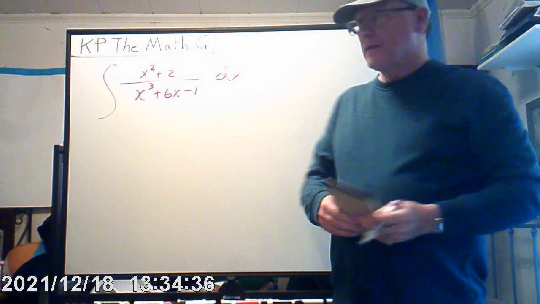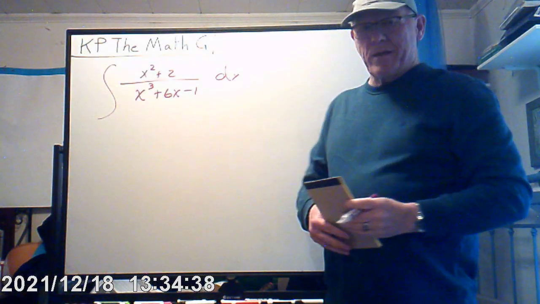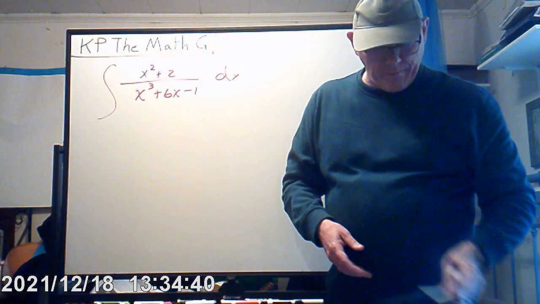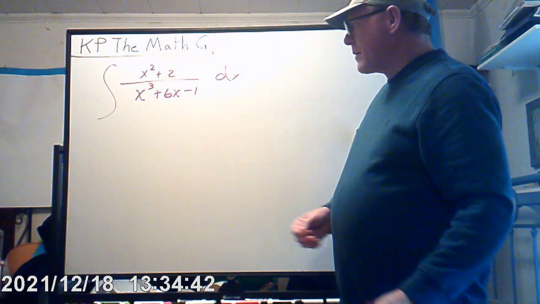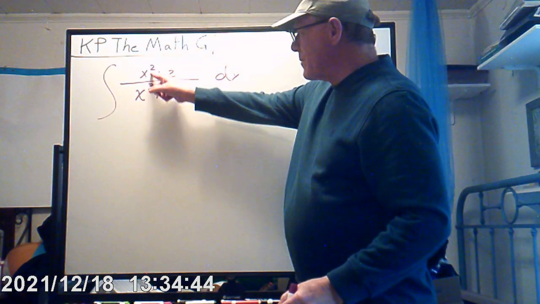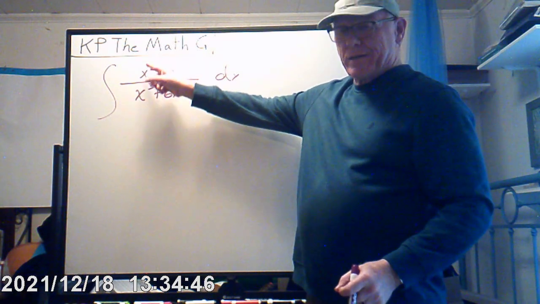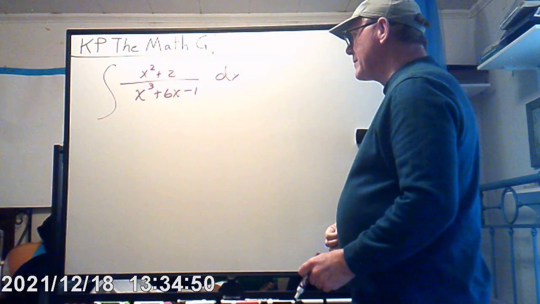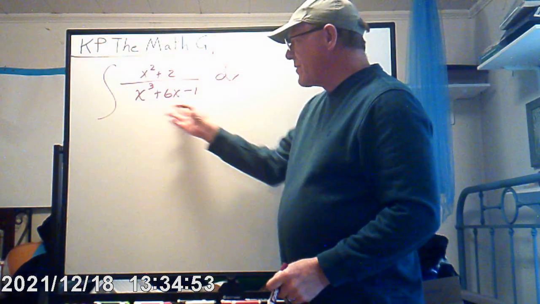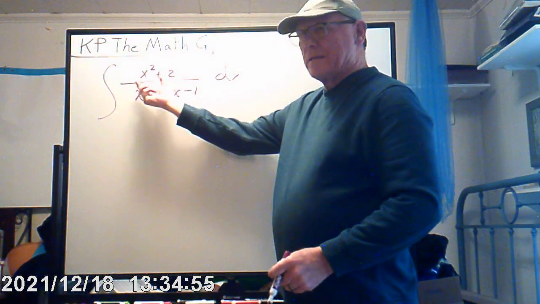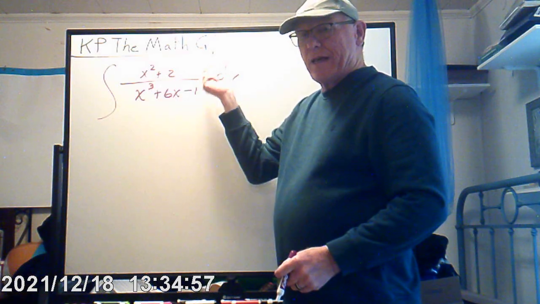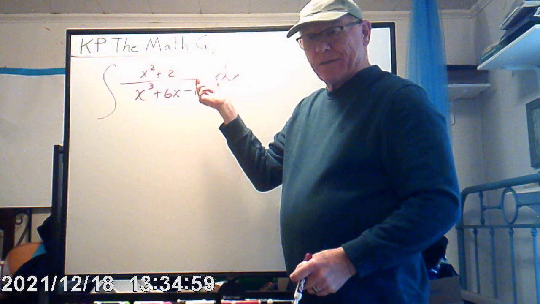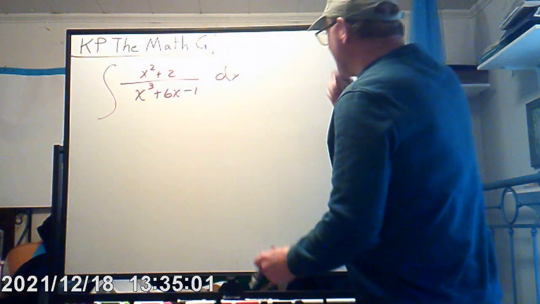What am I going to let be u? u is the one that has the bigger exponent in it. One bigger. Okay, that's the key. Because when we take the derivative of this, we want this x squared plus 2 dx back, don't we? We want that.